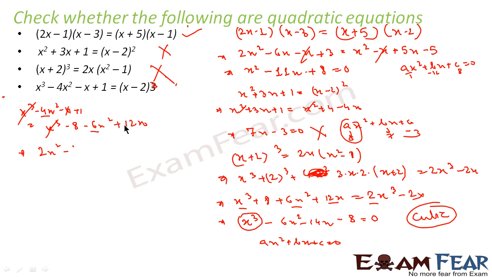This is x and this is 12x. So this becomes minus 13x. This is plus 1, this is minus 8, this becomes plus 8 here, plus 9 is equal to 0. So if you see, this equation is also of the form ax square plus bx plus c. So this is also a quadratic equation.